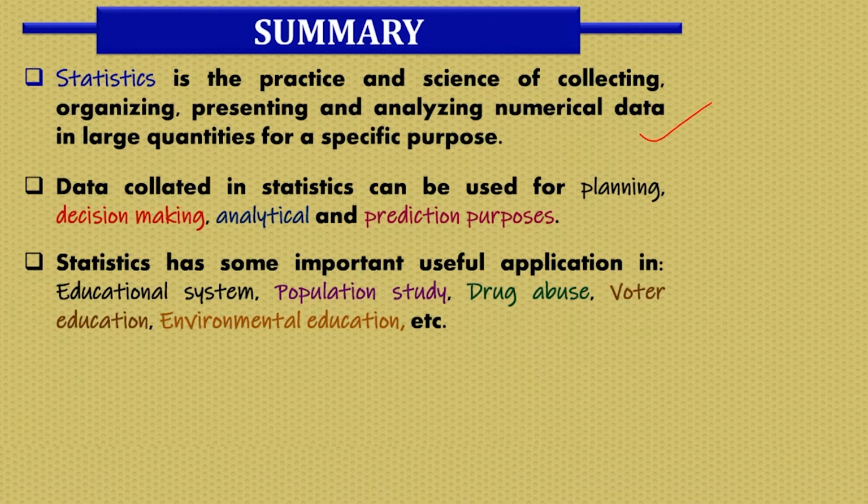Secondly, we learned that data collated in statistics can be used for planning, decision-making, analytical and prediction purposes. And lastly, we learned that statistics has some important useful application in educational system, population study, drug abuse, voter education, environmental education, and so on.